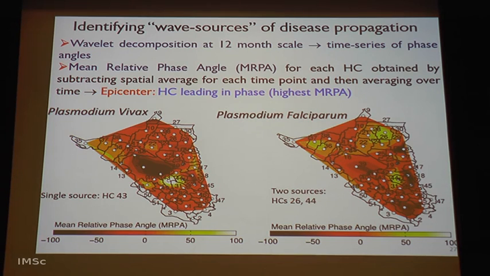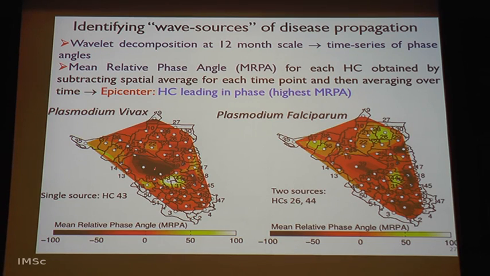We have taken the 12-month scale, that is 1 year, because it is repeating every 12 months. The mean relative phase angle is obtained by subtracting the spatial average over all the health centers from each health center's phase angle. That is the mean relative phase angle, MRPA. Then the one with the highest phase angle is the epicenter of the epidemic.